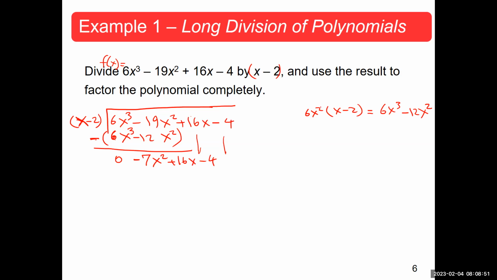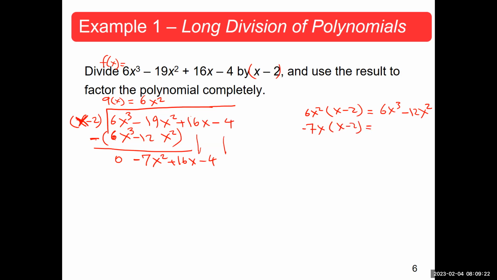Now the answer, 6x squared, I should put it here. So q(x) is going to be in here. That's the first term. Now you need to think, if I multiply this x here, I get negative 7x squared. That's basically negative 7x, multiplied by x minus 2.